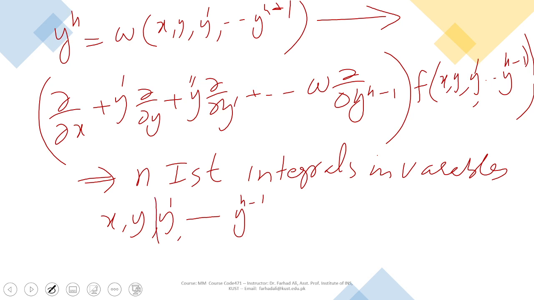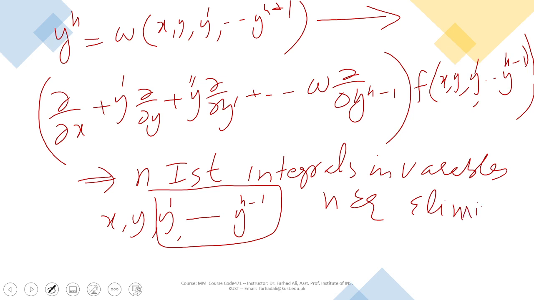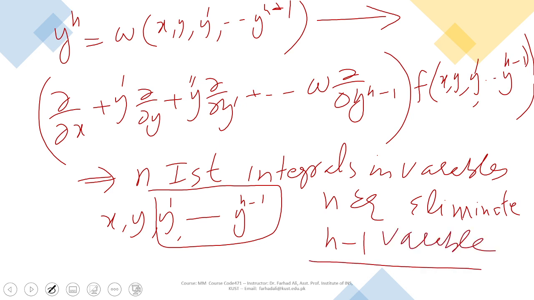So we have to eliminate these derivative variables. How many are there? There are n minus 1. So we have n equations and have to eliminate n minus 1 variables. It is a good system and you will solve it.